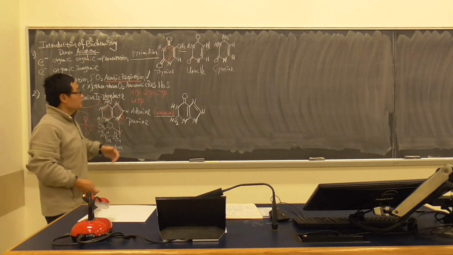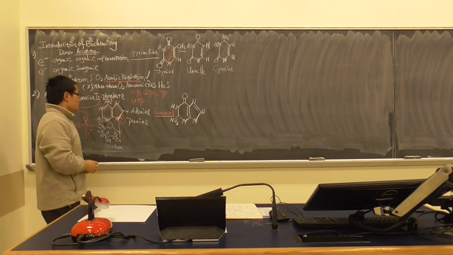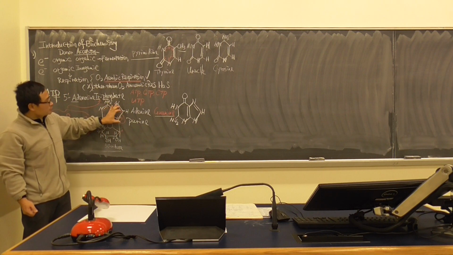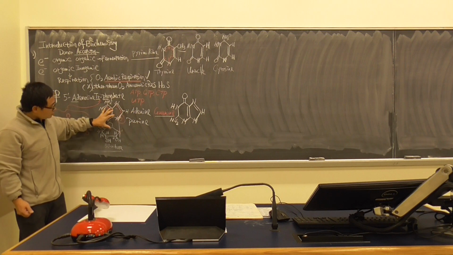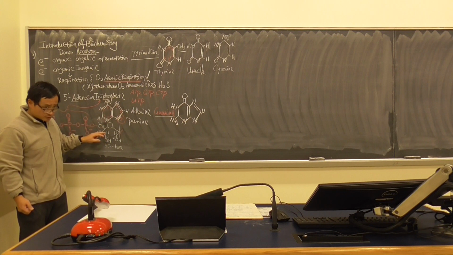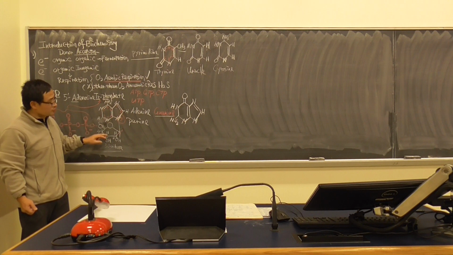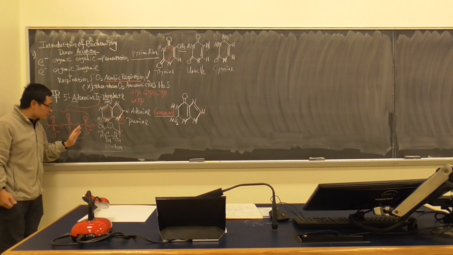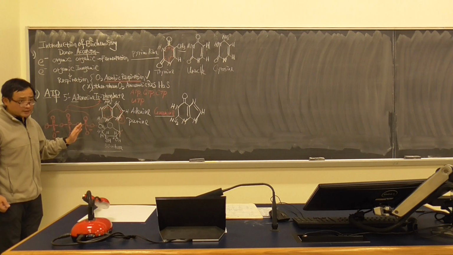And we also reviewed what is DNA and what is RNA. And we know this is called a base. When you only have a base and a 5 carbon ribose or deoxyribose, we call it a nucleoside.